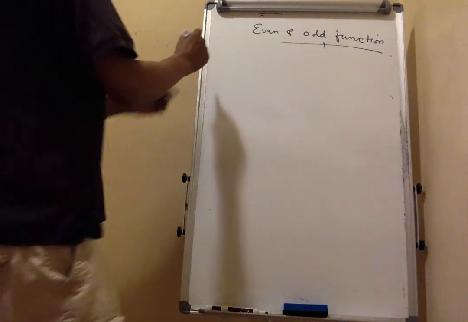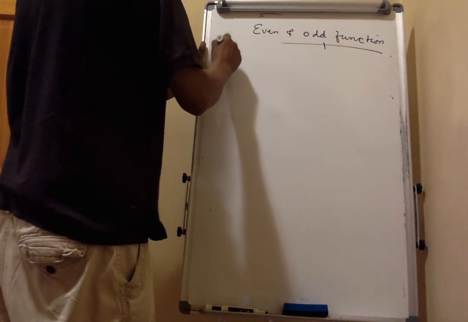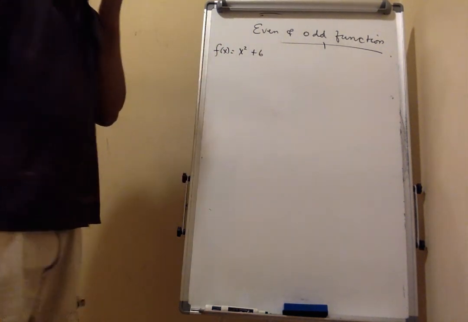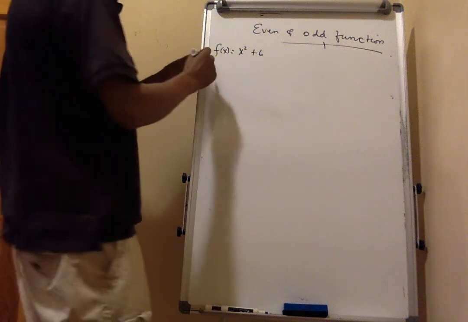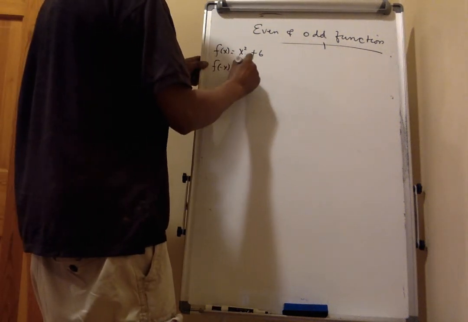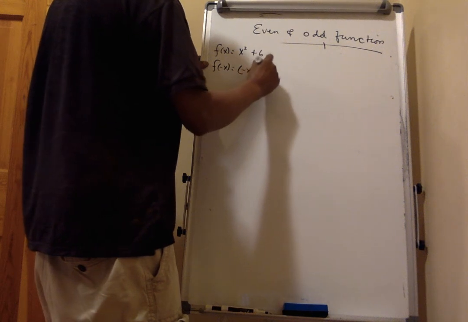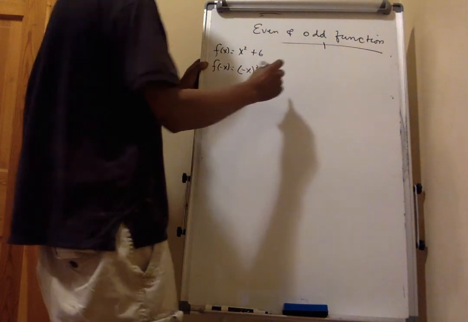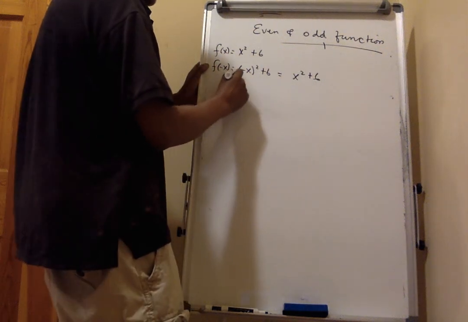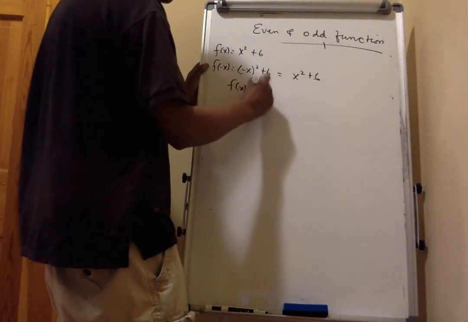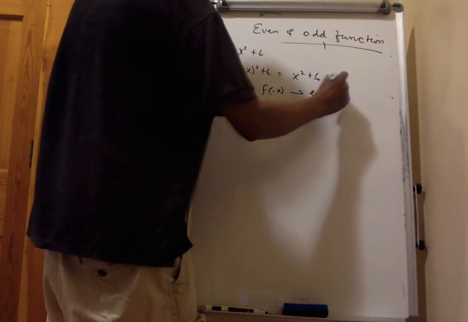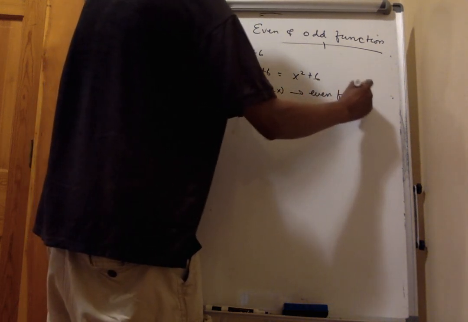Let's do f of x is equal to x squared plus 6. So f of negative x is equal to negative x squared plus 6, but negative x squared is what? x squared plus 6. Therefore, f of x is equal to f of negative x. Therefore, this function is even.